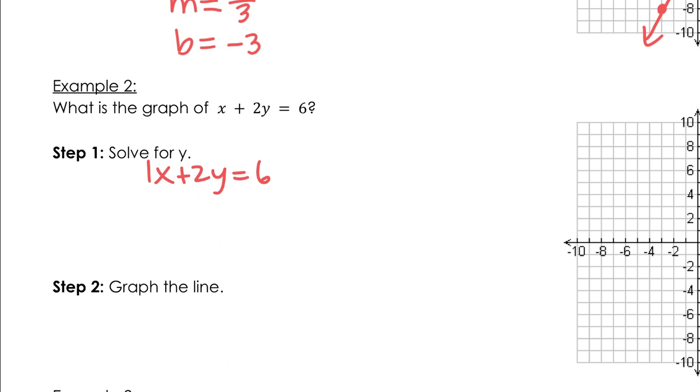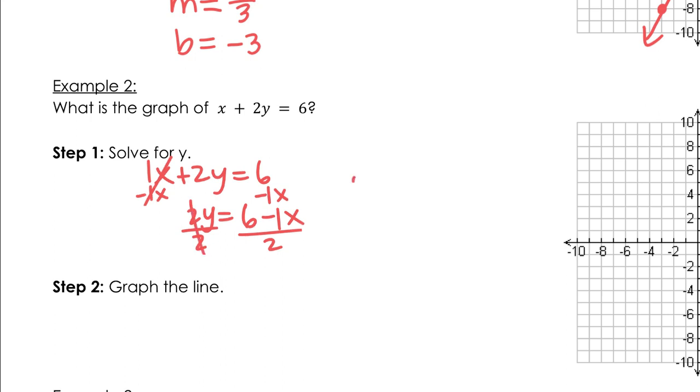Since it's a positive 1x, I'm going to subtract 1x on both sides, leaving me with 2y equals 6 minus 1x. I can't put those together, so I'm going to leave it 6 minus 1x. Then to get rid of that 2, I'm going to divide by 2 on both sides of my equation.